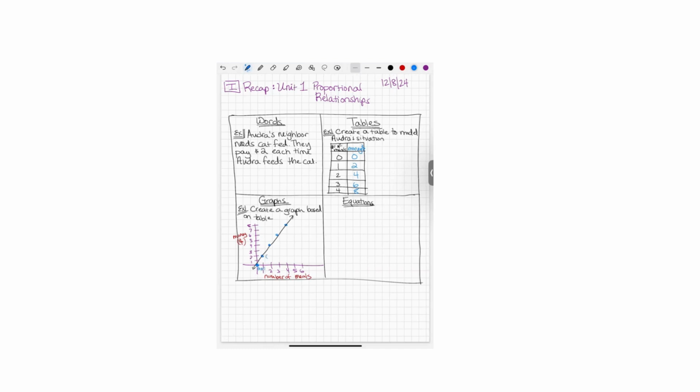I'm even going to label some of my dots. Take another minute or two to get that graph done.